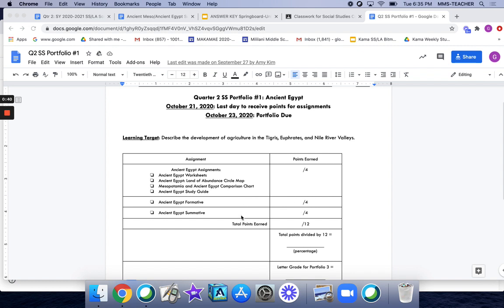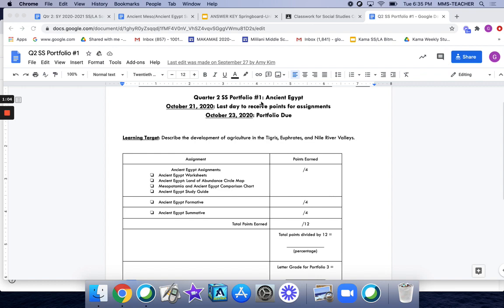And the final grade is going to be on the summative that you will submit today after you complete your summative self-checklist to make sure you did it correctly. So those three big grades will be your final grade for your Social Studies Portfolio 1.